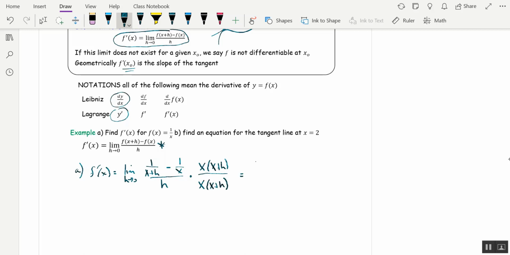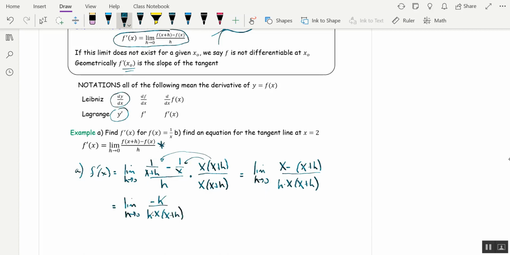So that's the limit as h goes to 0. On top, I need to distribute this to both fractions. I get x minus parenthesis x plus h. And on the bottom, I just get h times x plus h. Now, if I distribute on the top, I'm going to get a negative h.